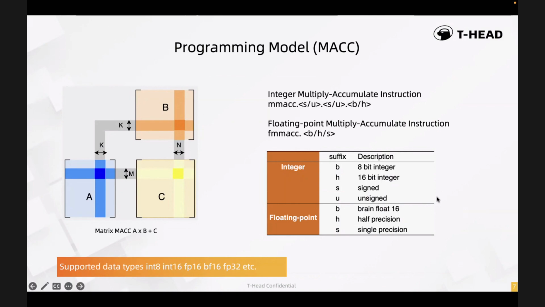For example, for these integer instructions, S stands for signed, U stands for unsigned, B stands for 8-bit integers, H stands for 16-bit integers. By using suffixes, the extension supports 8-bit integer, 16-bit integer, half precision floating point, single precision floating point, and so on.